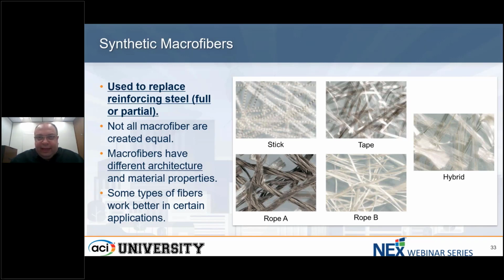There's many different types available, and I'll discuss more how this affects how we actually specify fibers and how we recommend dosages. Now, one more note to mention on here, there is a type that you might see available that's called the hybrid fiber, and hybrids are typically a combination of micros and macrofibers. So they could be more than 80% macros, and then they do sometimes put a small amount of microfibers just to improve overall performance of concrete.